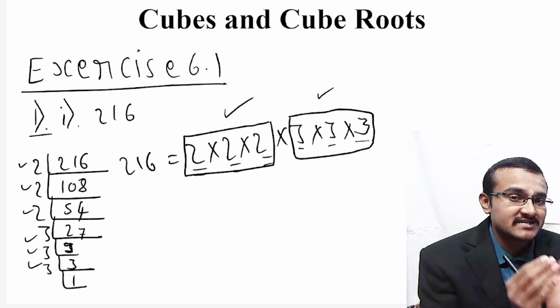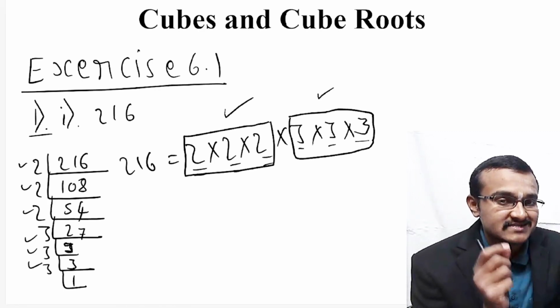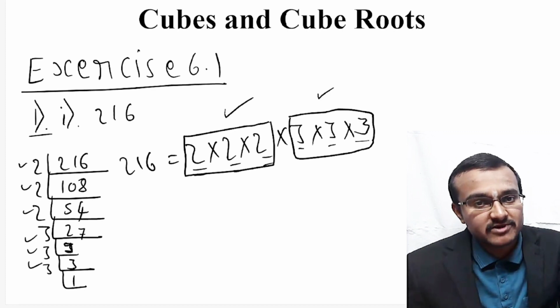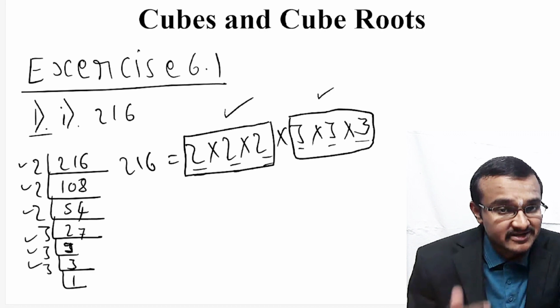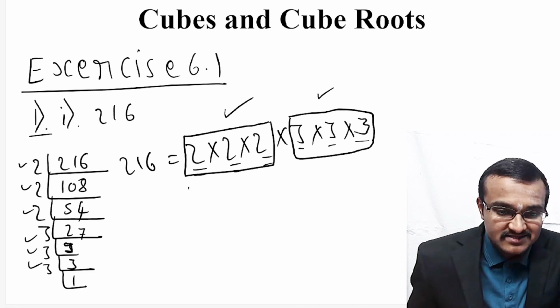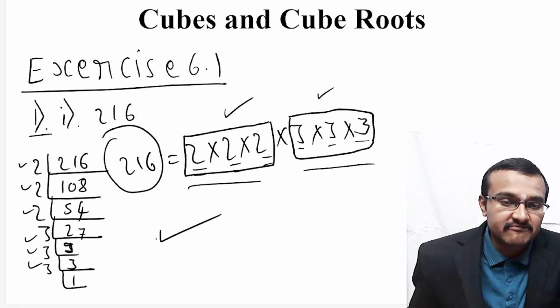Then you should see whether there is a number left alone or not. If there is, then the number is not a perfect cube. If there is not, then the number is a perfect cube. Here, since there is no number left alone, 216 is a perfect cube.